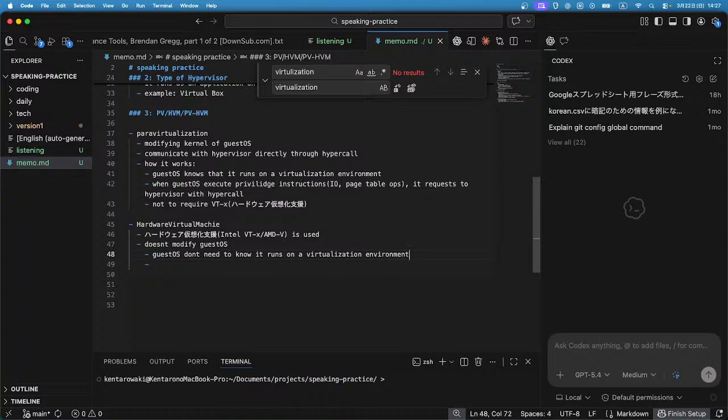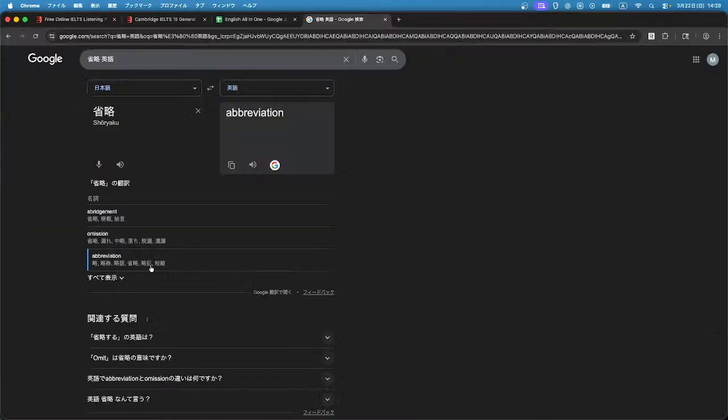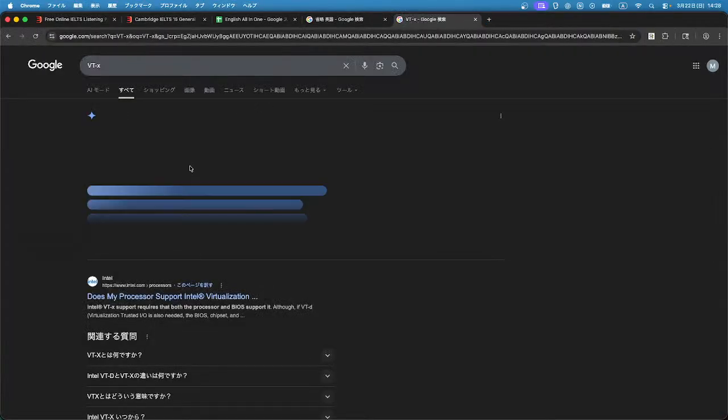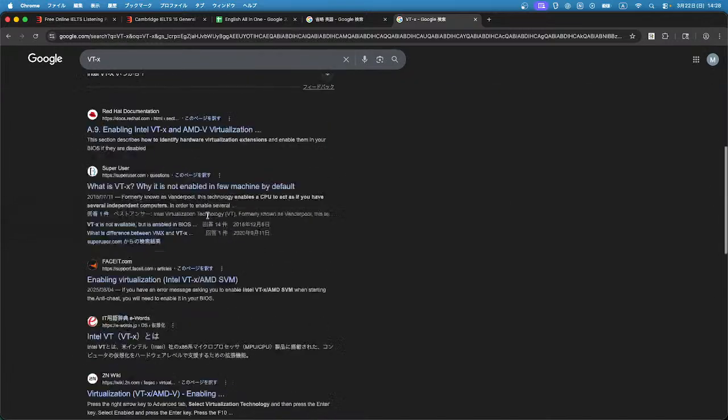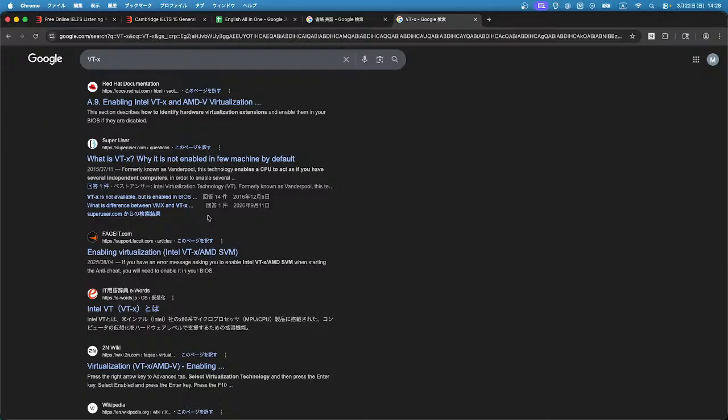And how to use the hypervisor, how to handle privilege instructions. VT-x, virtualization technology for x86.